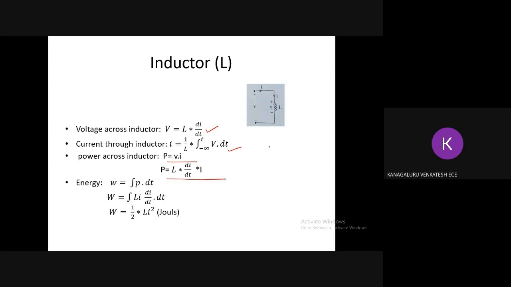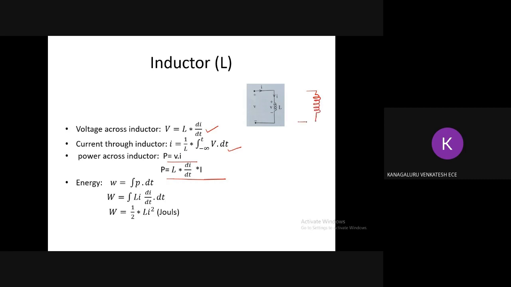How do we derive this? This is very simple. I'll just explain that. For example, I have an inductor with n number of turns. Turns in the sense, you need to understand here, this we call a turn: one turn, 2, 3, 4, 5, something like that.